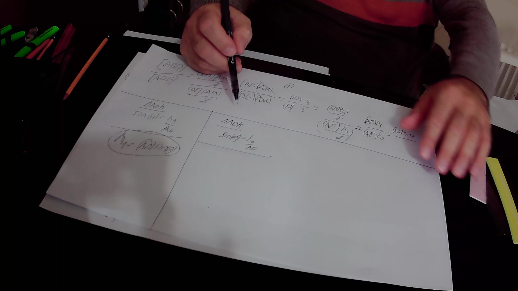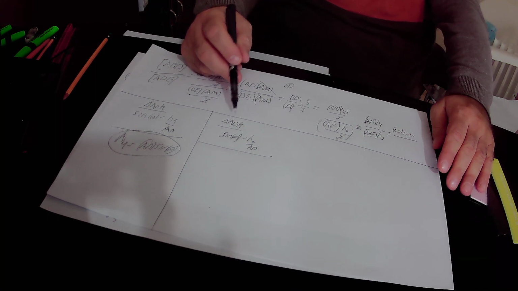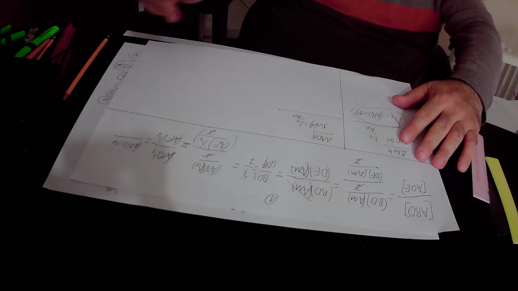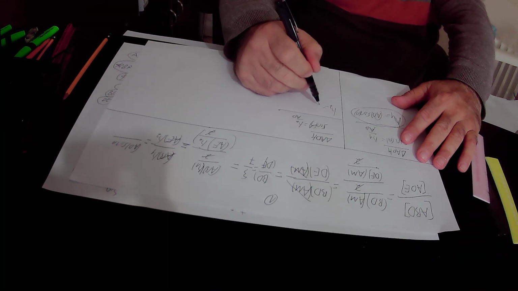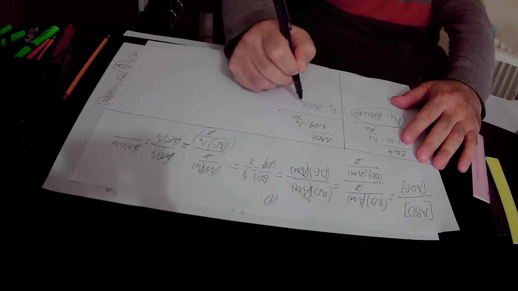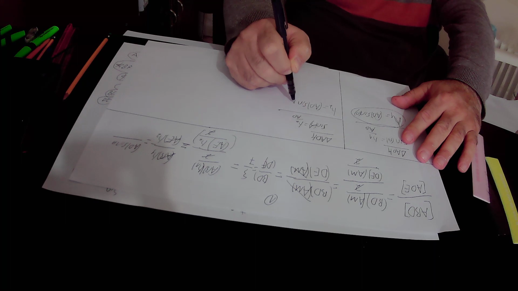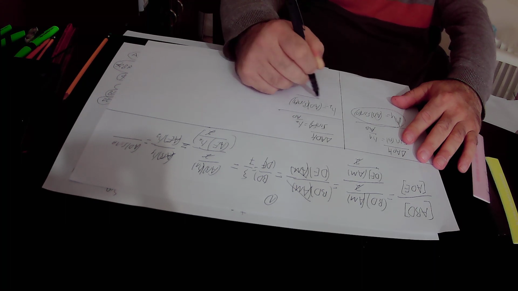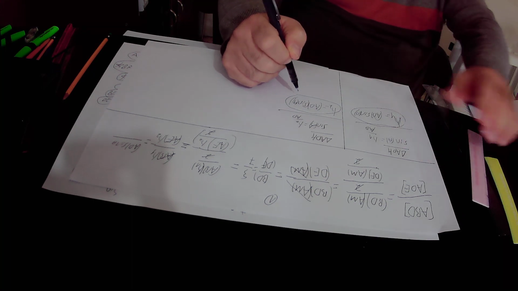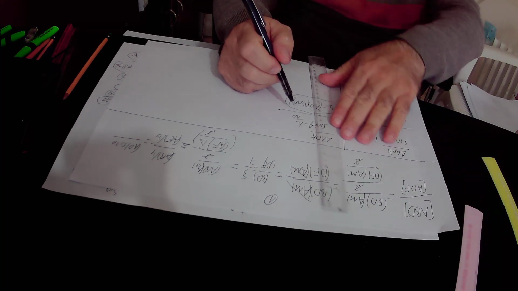So here we will multiply this equation by AD, and we will get that H2 equals AD times sine alpha.